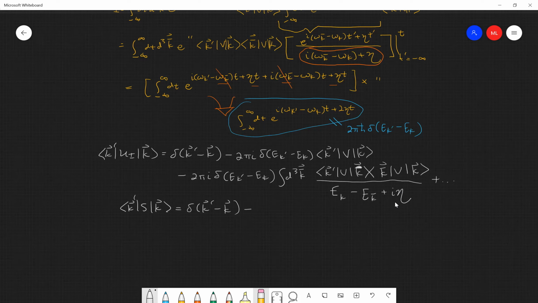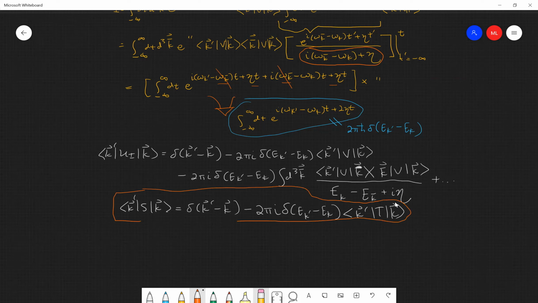So in the end, you can show that this whole thing is 2 pi I delta function in energy, which is a statement of energy conservation, times the momentum space representation of the T matrix. So this is really a beautiful result. It sort of connects this time-dependent perturbation theory approach to the Born series.